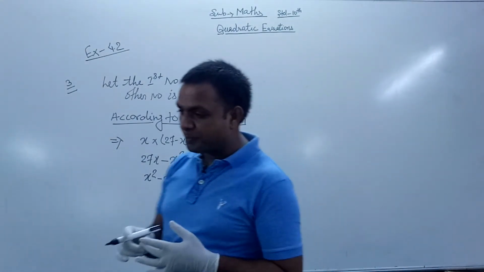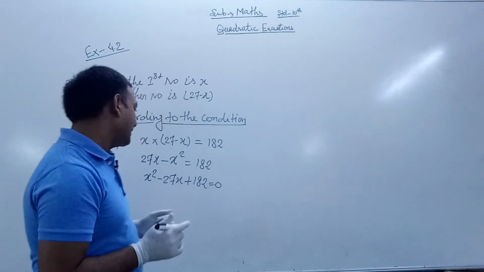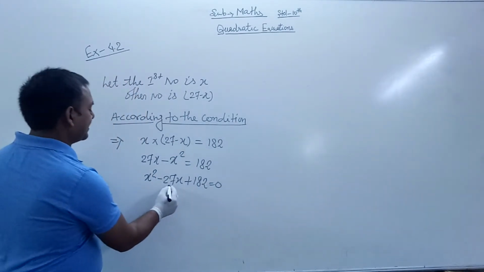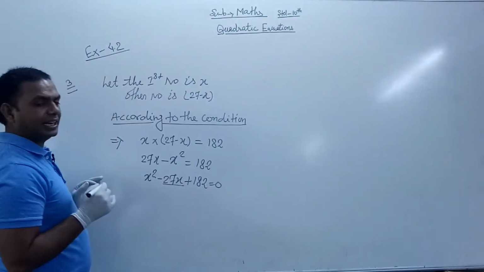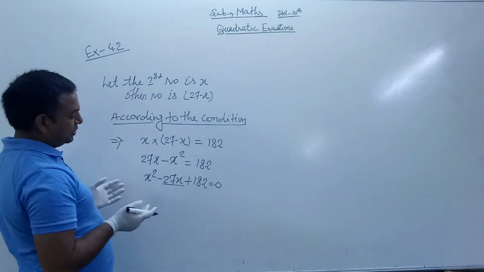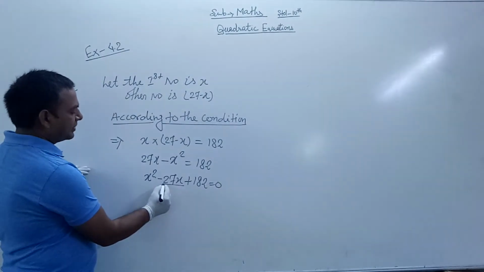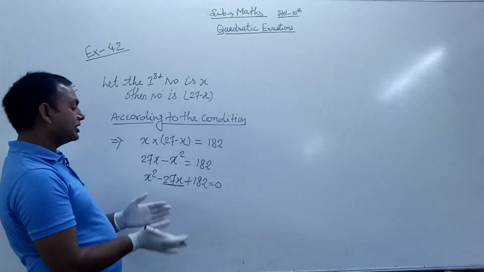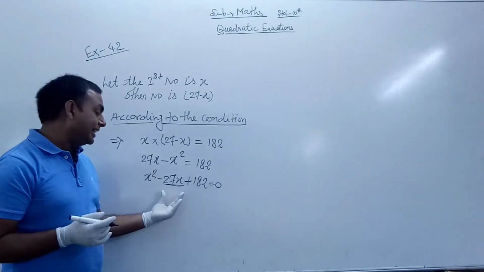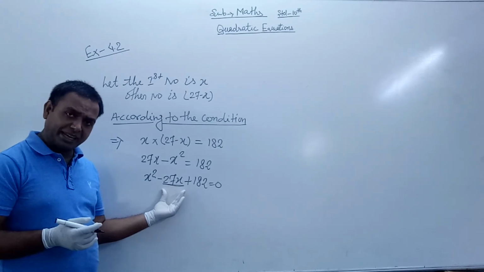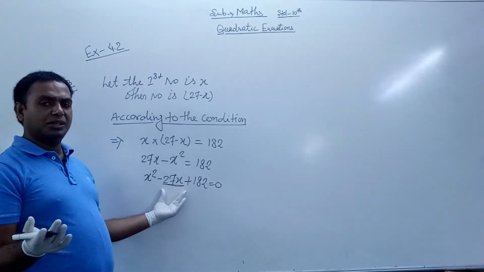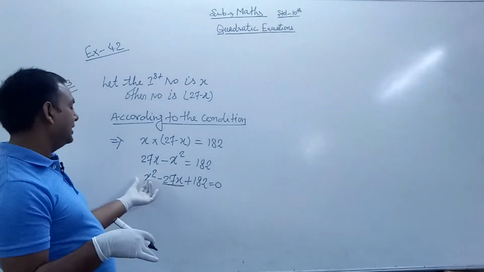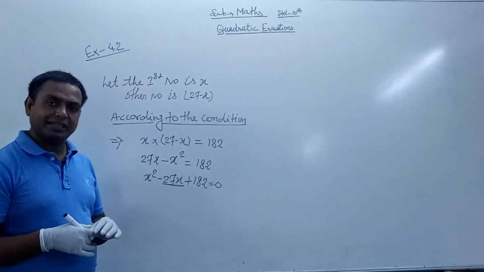Here if you apply the method of factorization, you see it is minus 27x. So first you take the factors, it means you split this term into two parts. The sum must be minus 27x, and the product of both terms is 182x square.